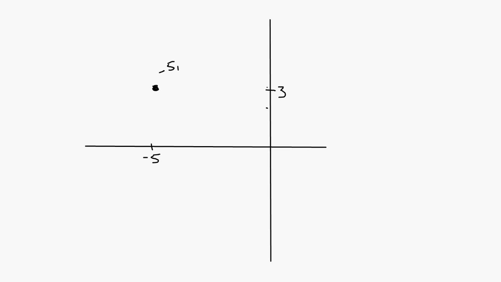Q is 1, negative 1, right here. Then negative 1, negative 4. And finally, negative 7, 0.